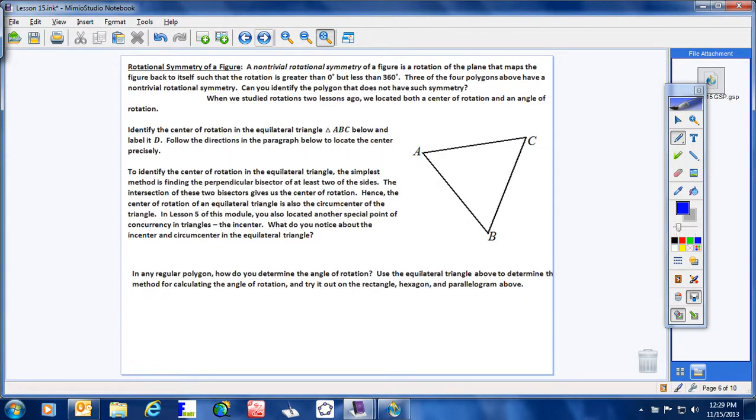So that is reflectional symmetry. There's also a kind of symmetry that's called rotational symmetry. So turn over to page 84 if you haven't already in your booklet.